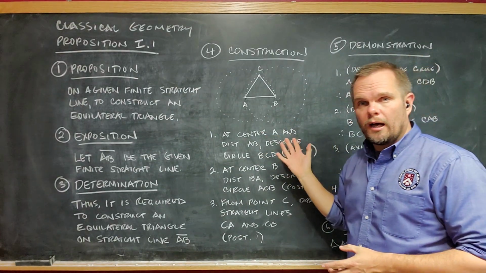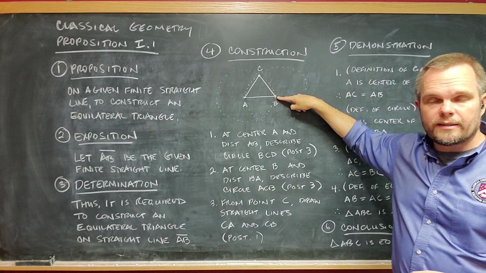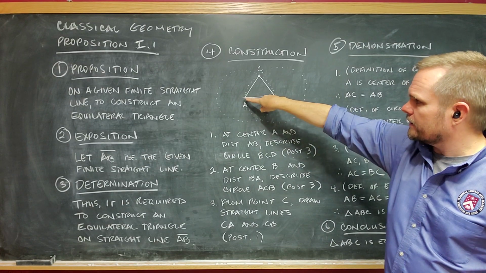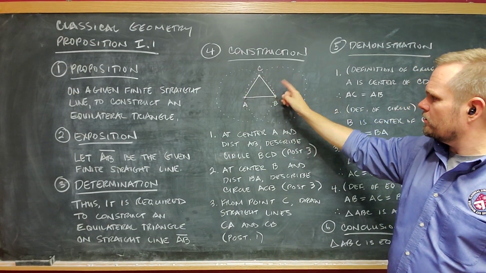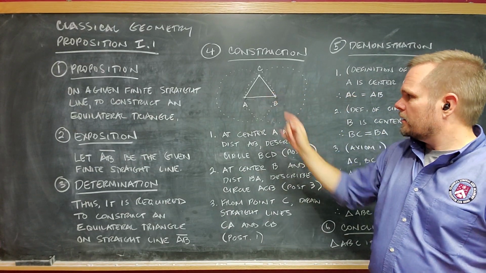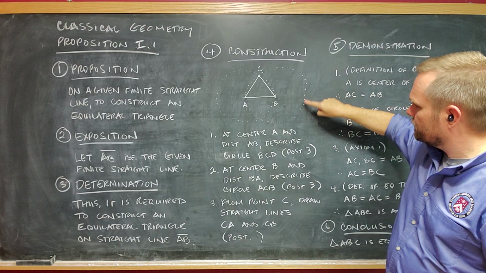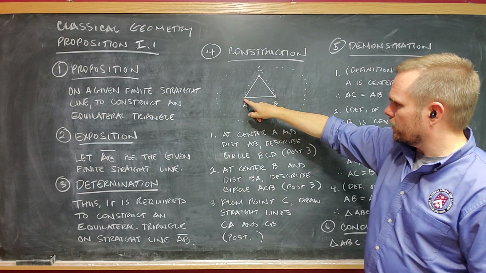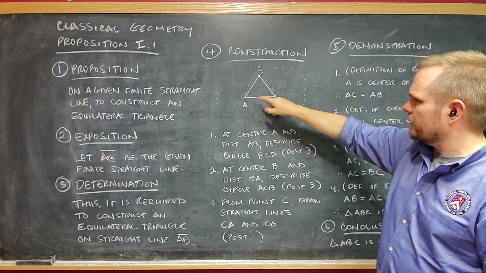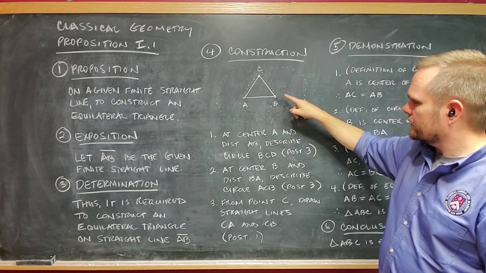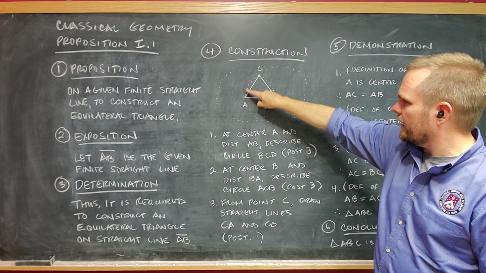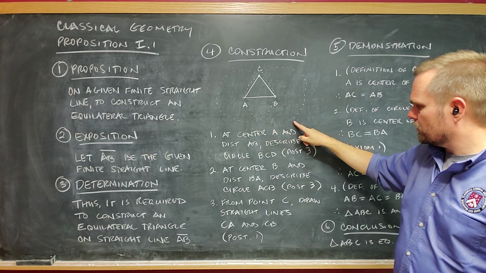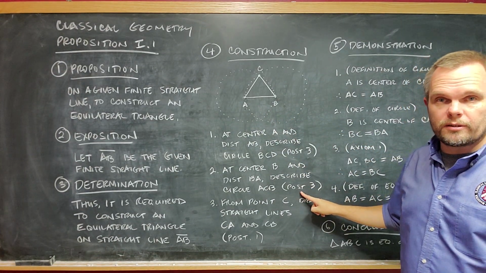Next, we're going to do the opposite. We're going to take point B as a center and point A as a distance, and using B as our center and A as our distance, we're going to describe a circle around center B and back to point A. So we'll draw two circles, one from center point A at distance B, and a second from center point B at distance A. We're able to draw this second circle by the same postulate, Postulate 3 again.